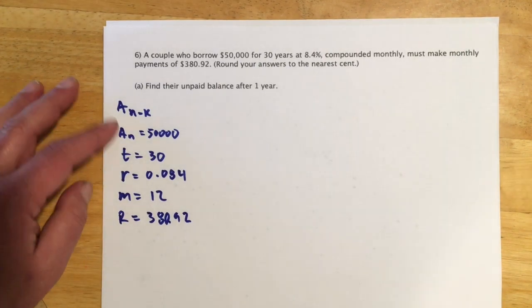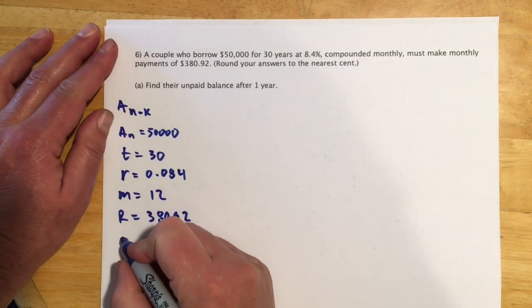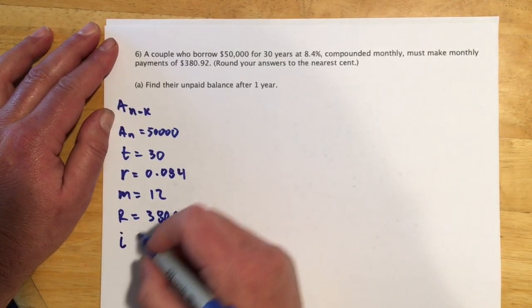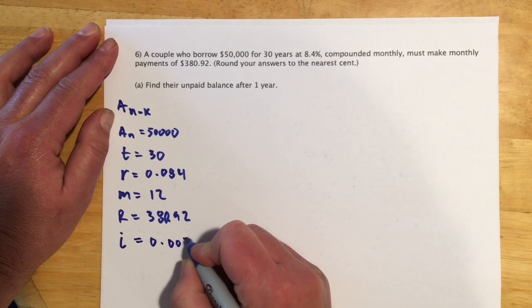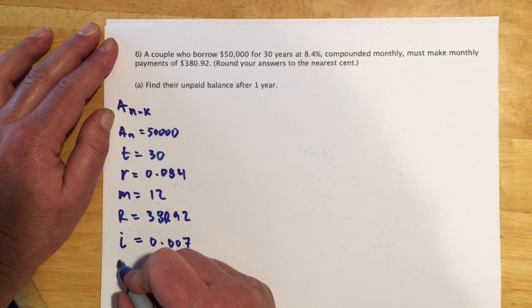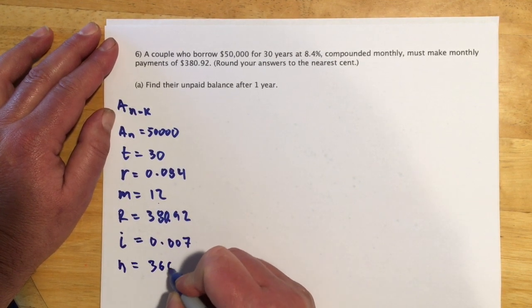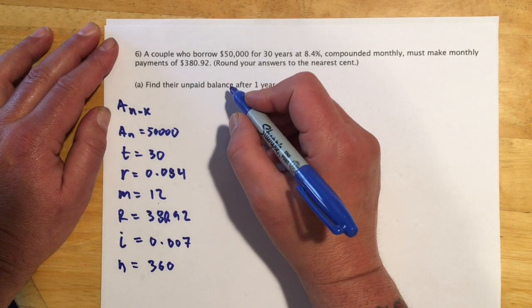0.92. Okay, so we got our list going. We still need i and N. So i is going to be this divided by 12, which is 0.007. And then 12 times 30, so that'll be 360. So 360 payments. And so now we can figure out what the unpaid balance is.